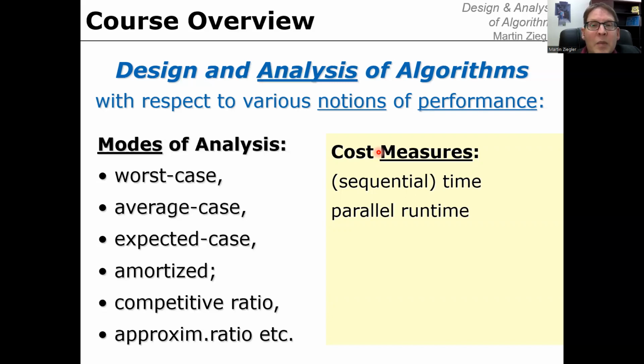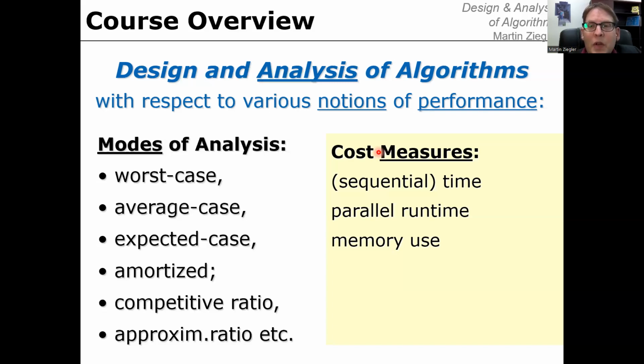Then sometimes the real limitation is not the running time, but the memory use. So we're going to dedicate an entire chapter to studying many memory efficient algorithms and analyzing memory efficiency of algorithms.